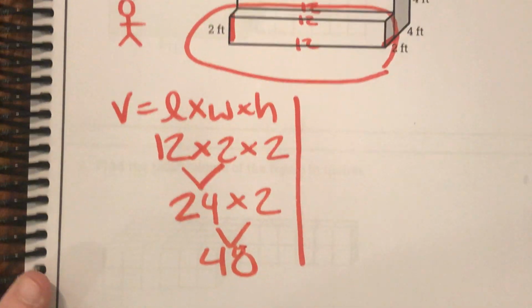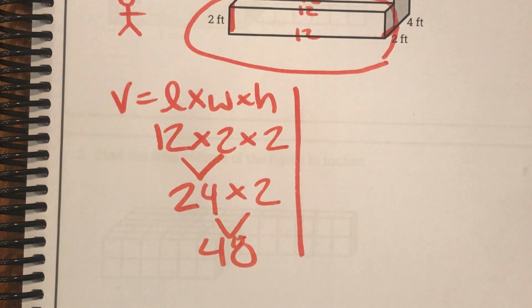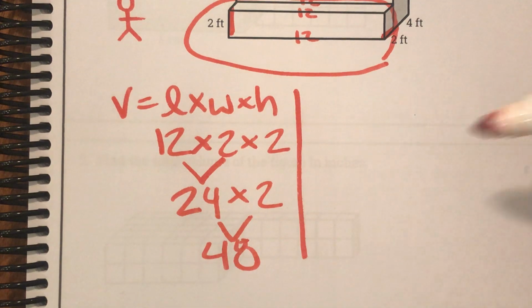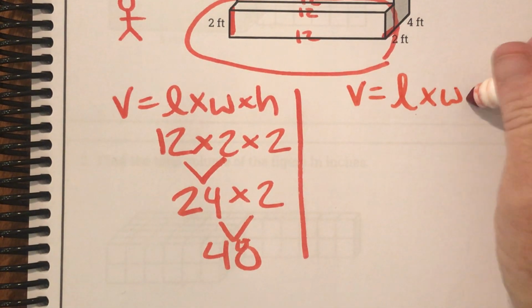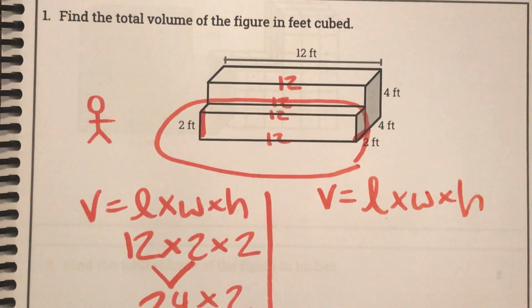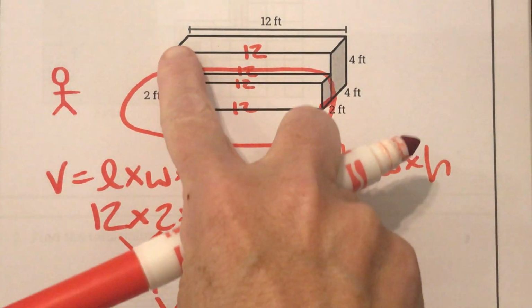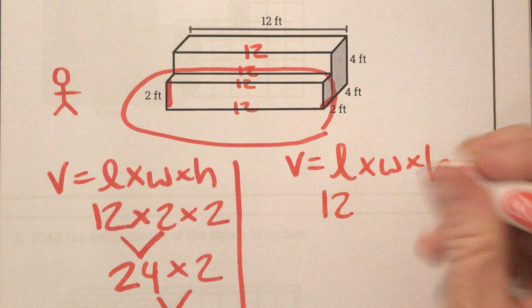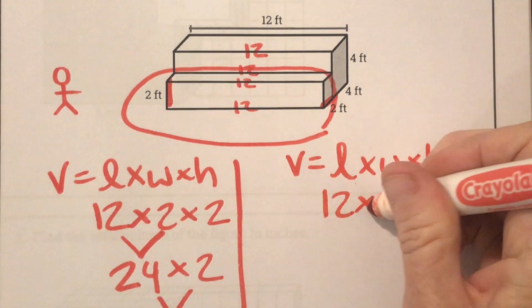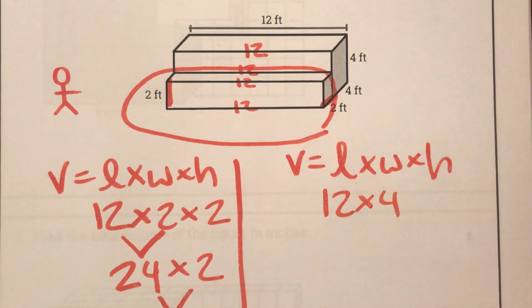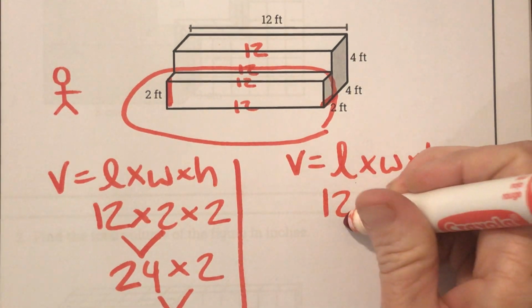If you didn't know that, you could do some side work. Now, what's the rectangular prism behind it that we have to solve for? Length times width times height. My length is still 12 in the one behind it. This time though, my width is longer. This one goes back deeper. It says it's 4. And my height is clearly longer, which is 4.